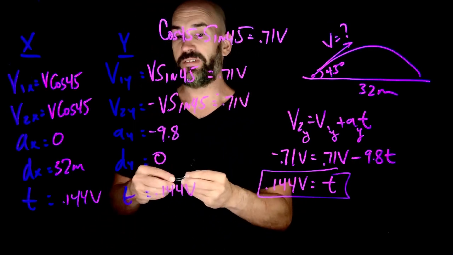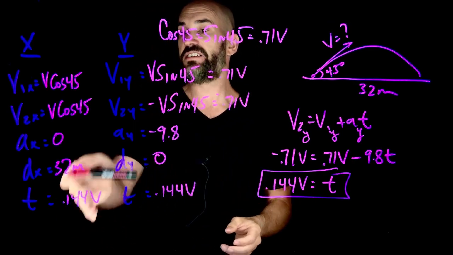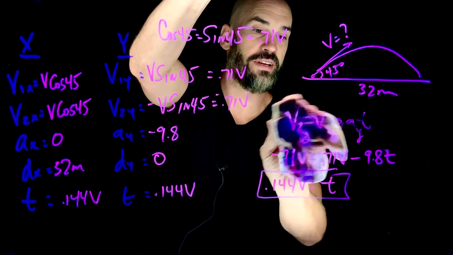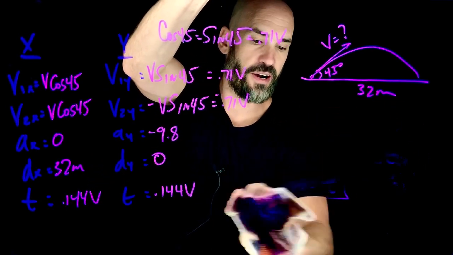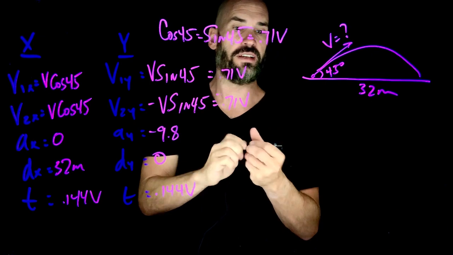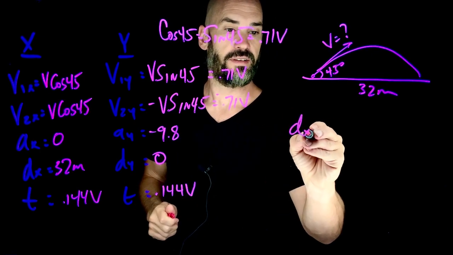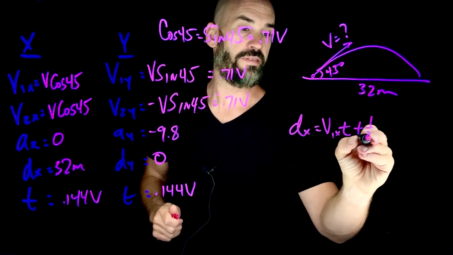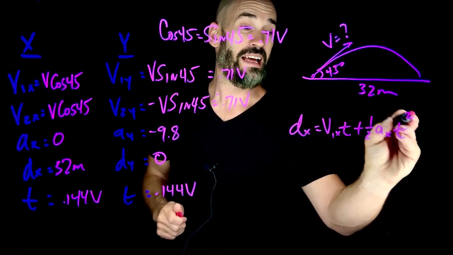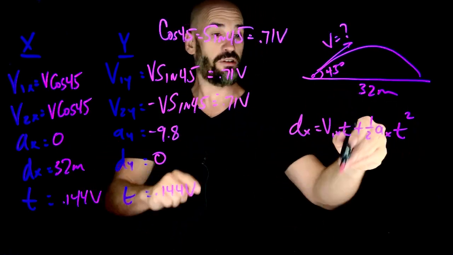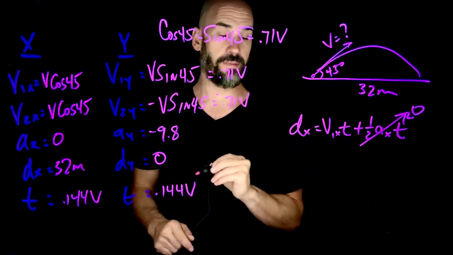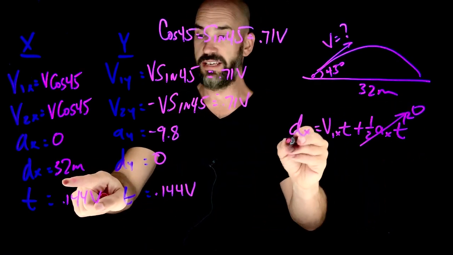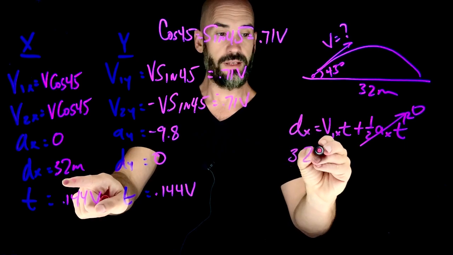Now, as is often the case, once I have t, I can easily solve for stuff over here. And almost always, maybe you guys have seen the pattern so far, I like to use the equation dx equals v1x t plus 1/2 ax t squared. And the reason why I like this is because a is 0, so I automatically know that that goes to 0. Okay? And I know I have my d, so that's just 32, right?